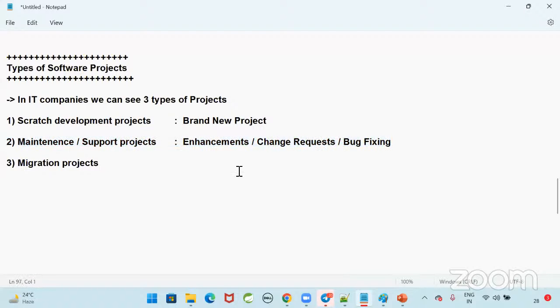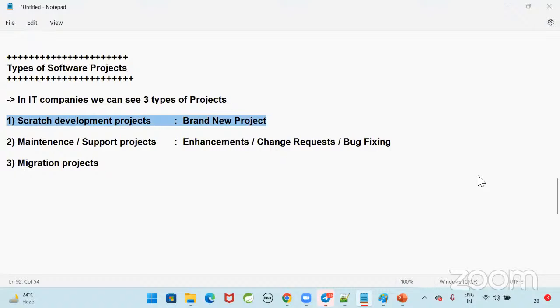Tomorrow, when you join an MNC company, 99% you will be part of either the third category or the second category. The first category is very rare. If you get into a scratch development project, that means you are lucky. If you go for a scratch development project, you will develop everything on your own from the beginning.